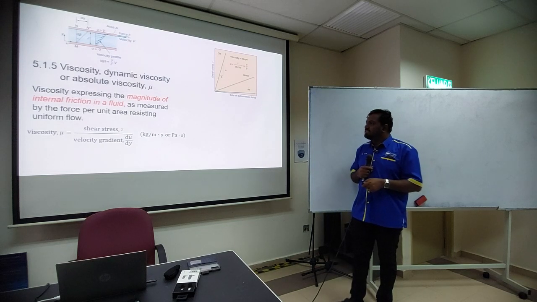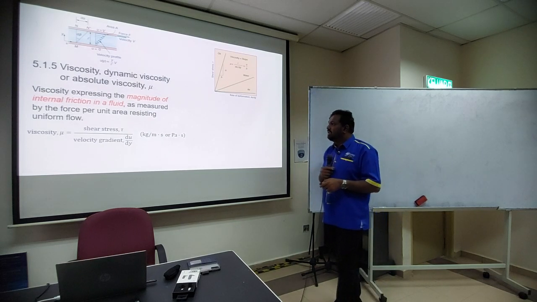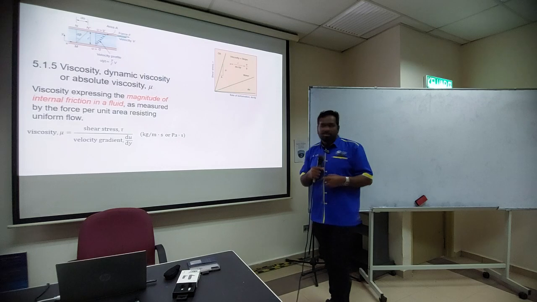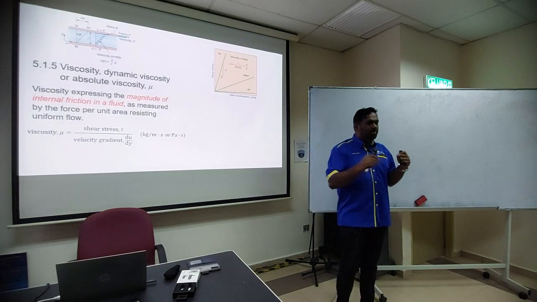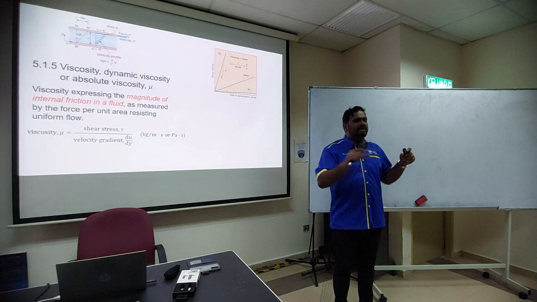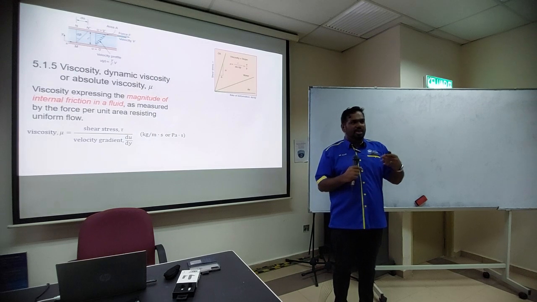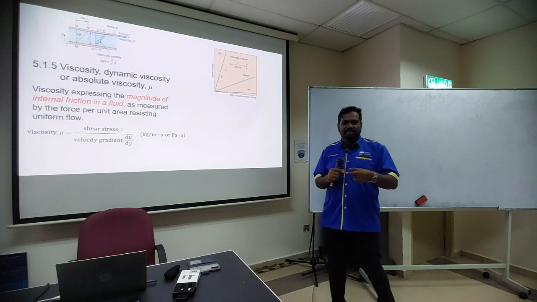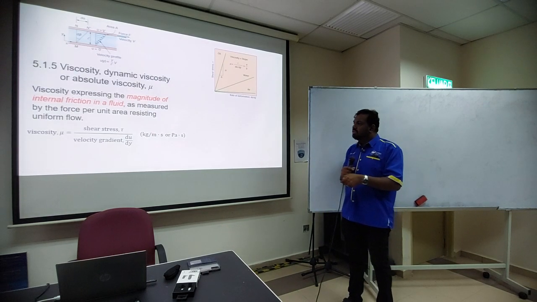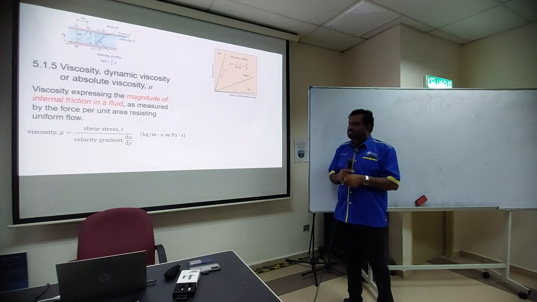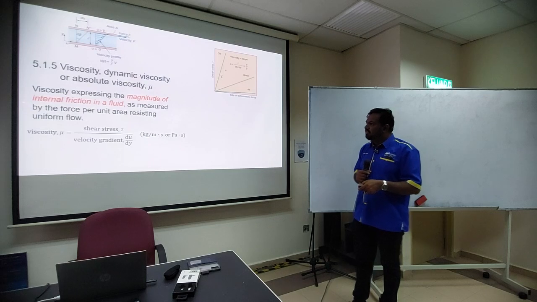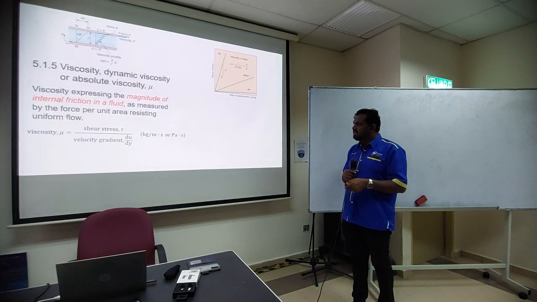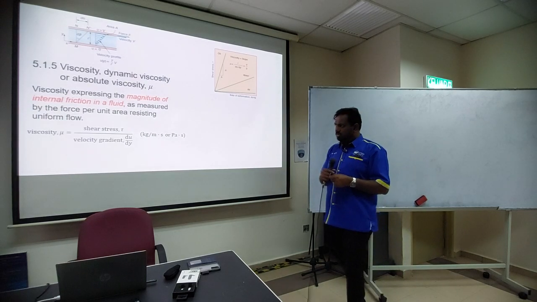Viscosity expresses the magnitude of the internal friction in the fluid, because when you have a fluid, let's say in a pipe, you will have internal friction inside. Viscosity determines the magnitude of the internal friction, as measured by the force per unit area resisting uniform flow.